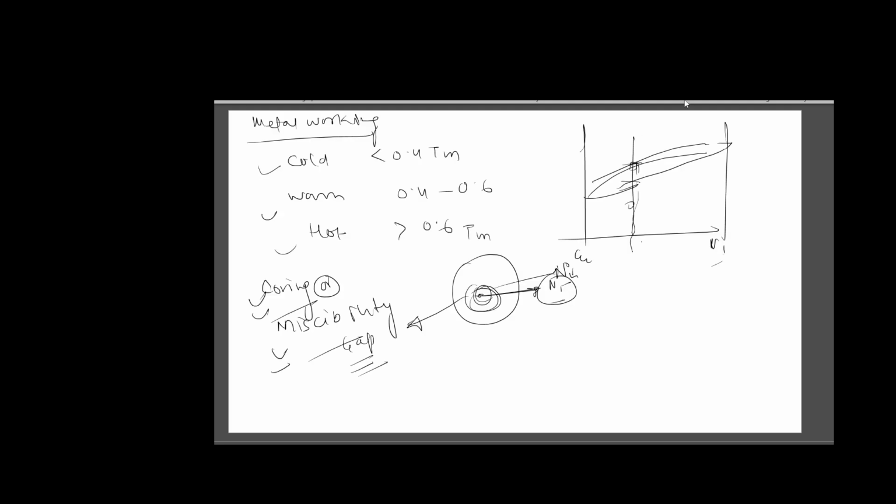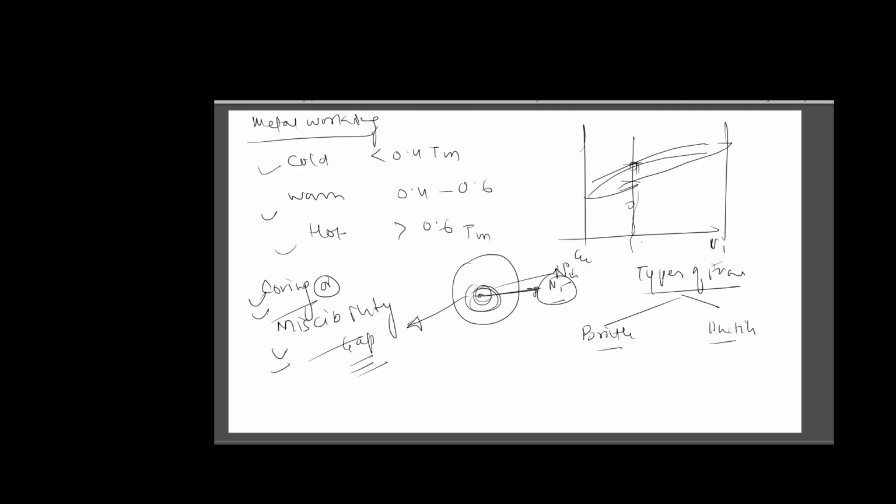Now we have discussed that there will be brittle fracture. So types of fracture we can discuss in small detail. There are 2 types of fracture: brittle and ductile.